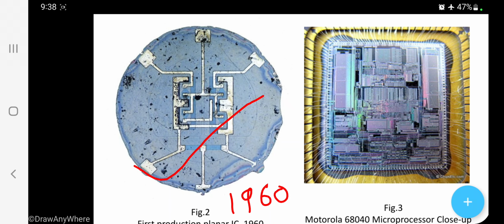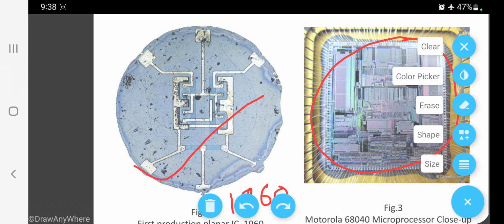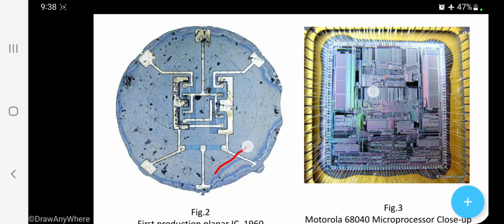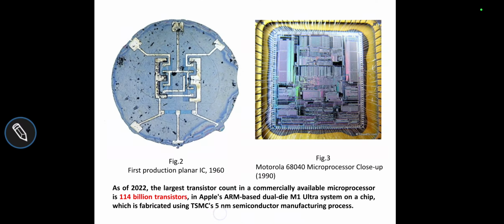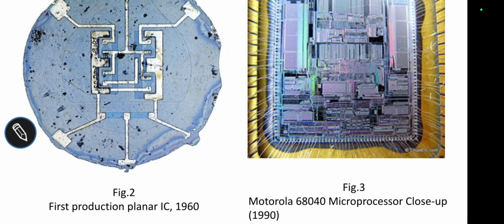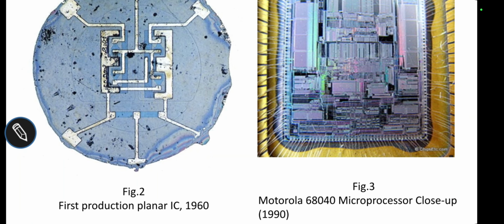Then afterwards research was made, many researchers were given the time, and they designed very complicated integrated circuits. Later, you can see here 1990. There is a 30 years gap between this single transistor planar IC, meaning integrated circuit.